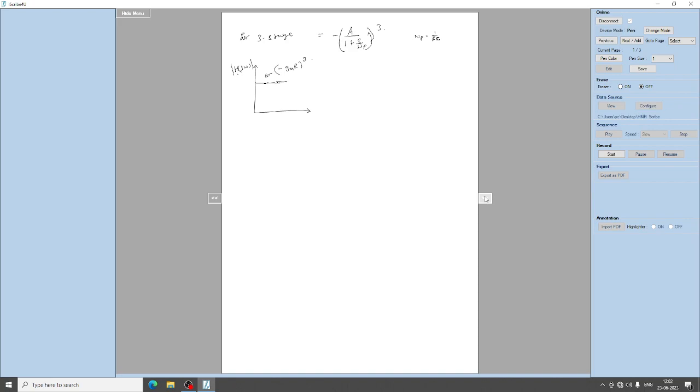Because of 3 poles at the same location, you will get minus 60 decibels per decade, where you have 3 poles equal to 1 upon RC.